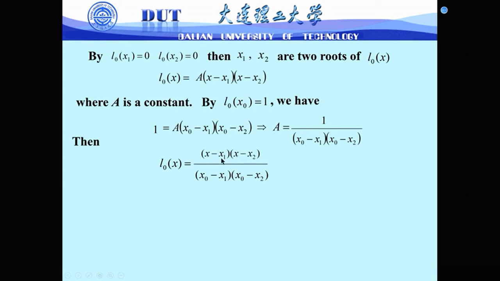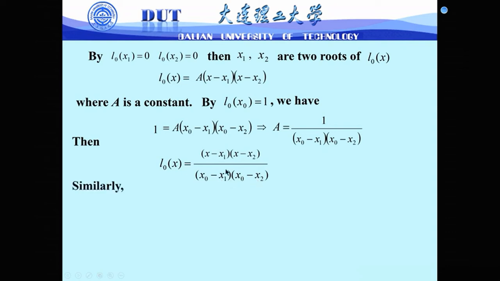This is the numerator. But for the denominator, it is very simple. Just replace x by x0. So from (x minus x1) we obtain (x0 minus x1), and from (x minus x2) to (x0 minus x2). Is it okay for you? So it is very easy to remember, right?